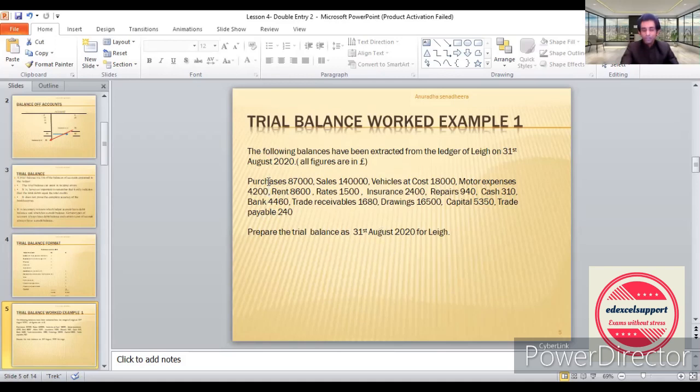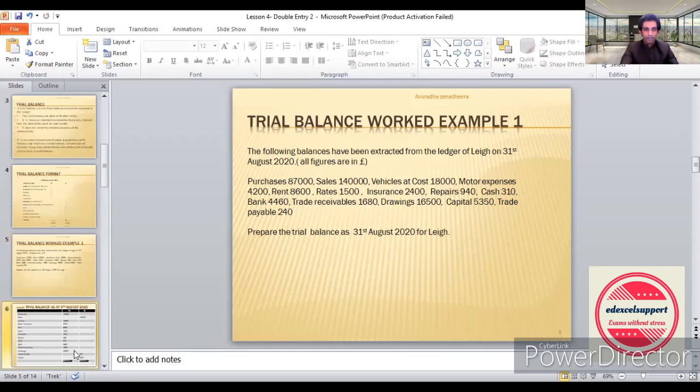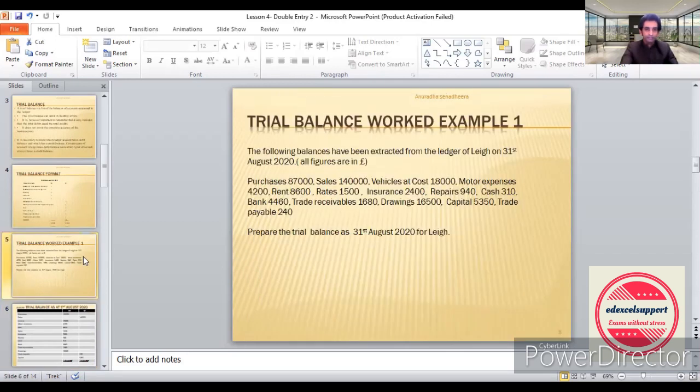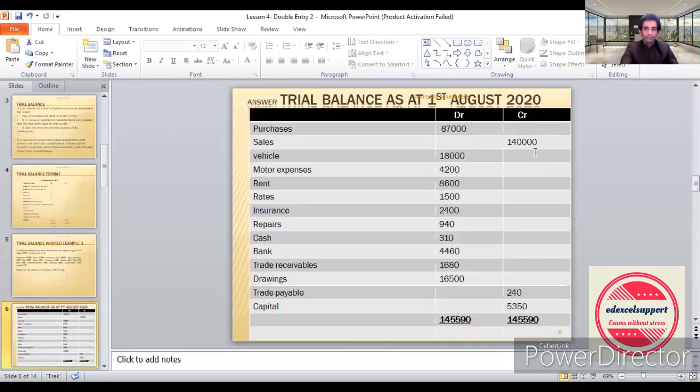First of all, we should understand purchase is an expense, therefore it should be debited. So my answer is on this side. We'll have to go to both sides. Purchase is debit, 87,000. Next one is sales, 140,000. Credit since it's an income.